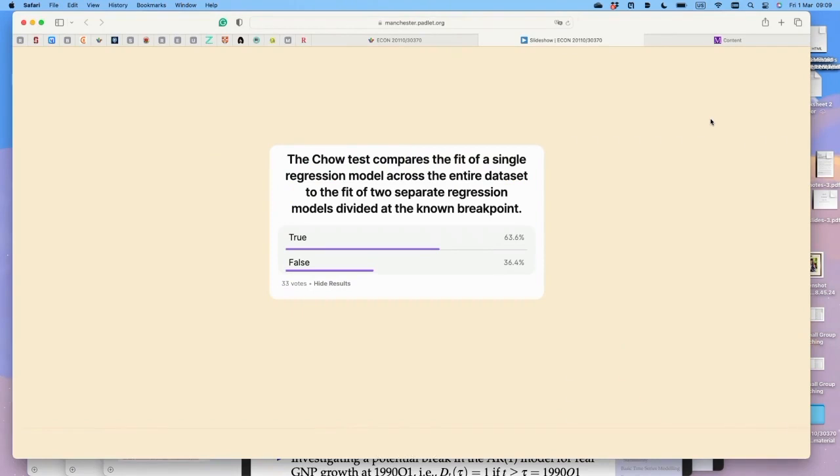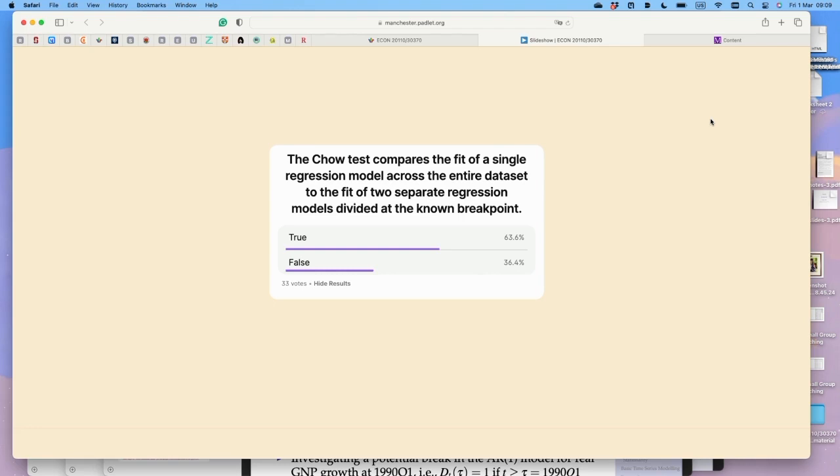We compare the fit of a single regression model, the one under the null hypothesis, our restricted model, to the fit of two separate regression models, essentially the model under the alternative, the unrestricted model, the one that incorporates the dummy variable and its interaction term. We compare the fit of these two to decide whether the model fit is different enough to reject the null hypothesis of no structural break.